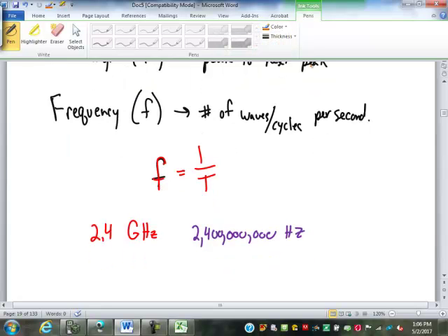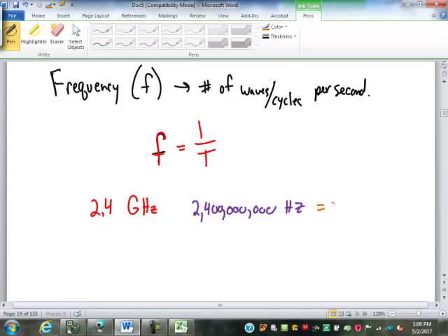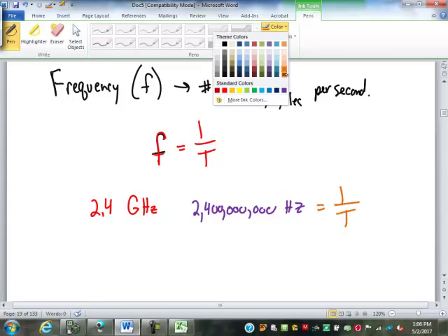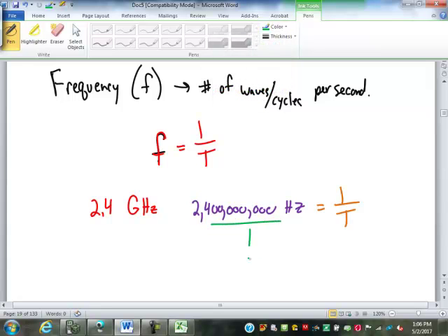Which means the period is 1 over that. Or I think of it like this. I put this over 1. I can cross multiply 1 times 1 divided by the 2.4 gigahertz.